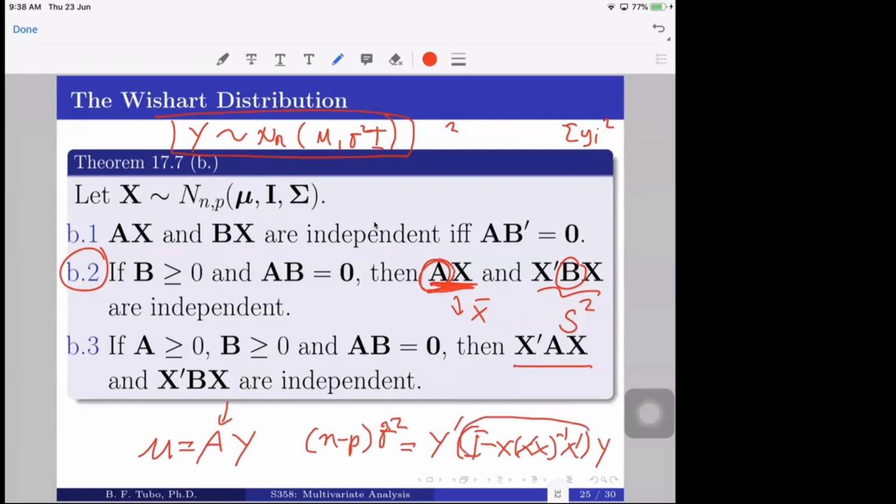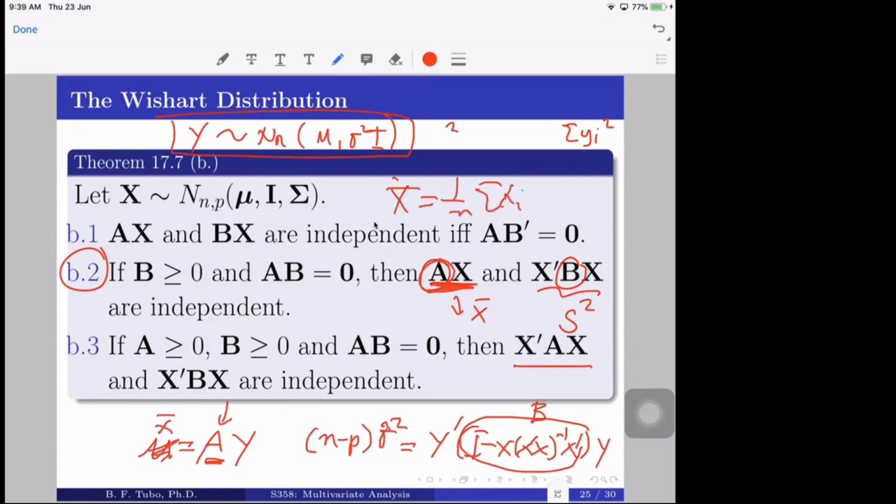What I mean is that this is the B, no? And then what is the form of mu hat, what is your A? EV, anybody? What will you put in A so that your mu hat is AY? What is the usual? Just X bar. Isn't the formula for X bar 1/n summation of X sub i?